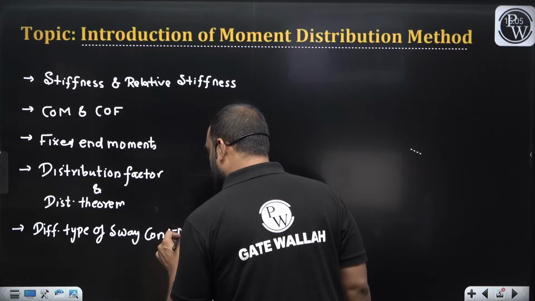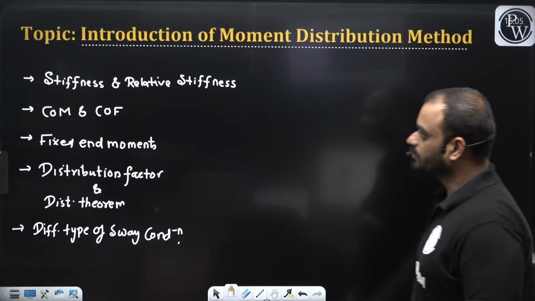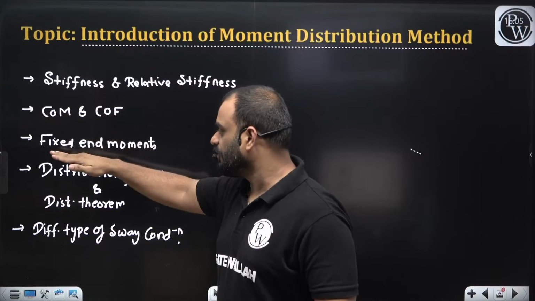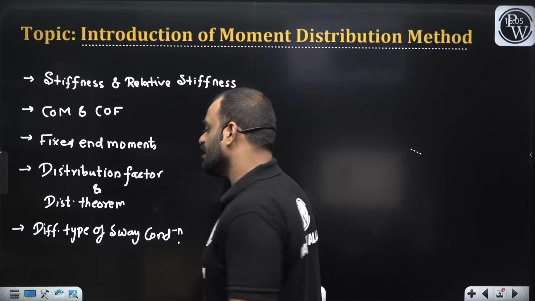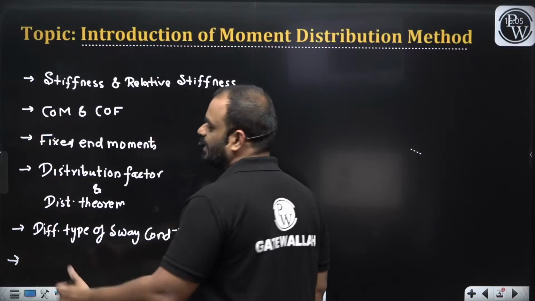What are the different types of sway condition we have, right? Stiffness, relative stiffness, carryover moment, carryover factor, fixed end moment, distribution factor, distribution theorem, different types of sway condition, and in the last, you should know how to solve the problem by understanding all these topics.